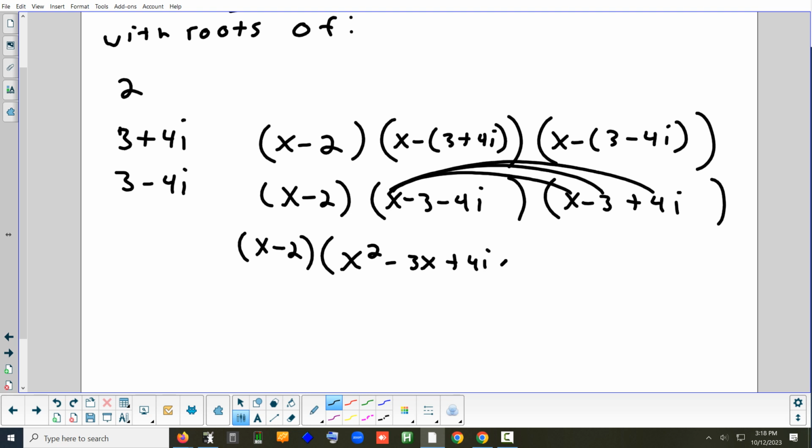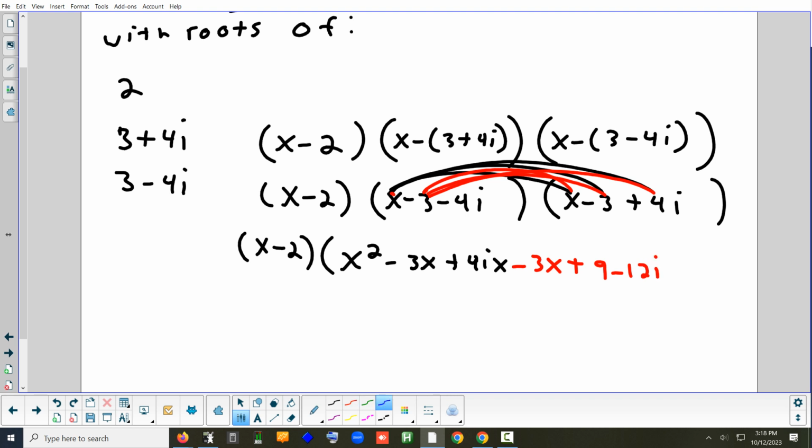Plus 4ix. Okay, next one. Negative 3 times x. Negative 3x. And negative 3 times negative 3. Plus 9. And negative 3 times 4i. Negative 12i.